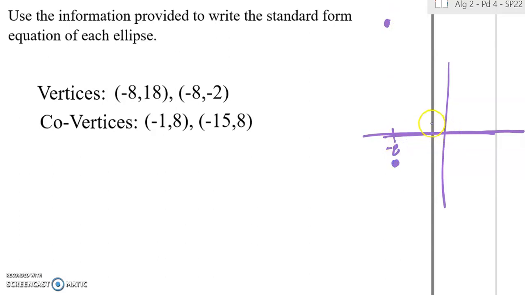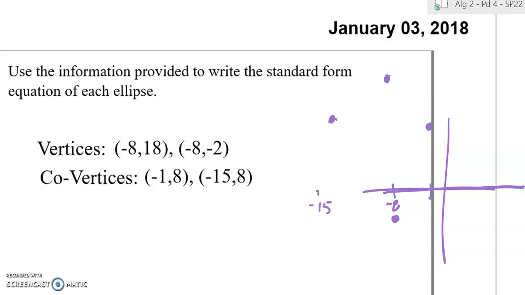And then negative 1, 8, and negative 15, 8. So I have an ellipse here that obviously is stretched more vertically, it's 15 to 1 and 18 to 2, so it's not really crazy, but it is stretched more that way.